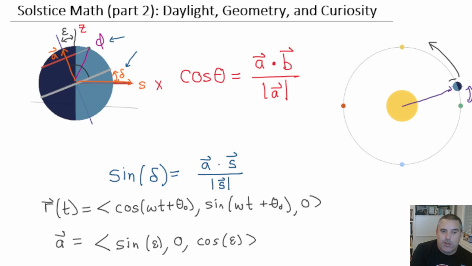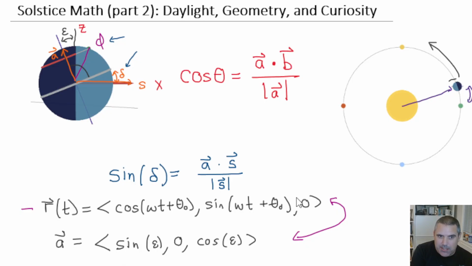So the short answer is we need to take the dot product of these two things. We actually want the vector that points the other way because we want it to go from here to here. I made it a unit vector. Normally we'd have the radius in here, but I made it a unit vector. Okay, so anyways, in the end, you get the following. That sine of delta equals negative this times this.